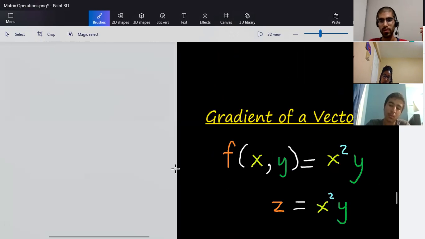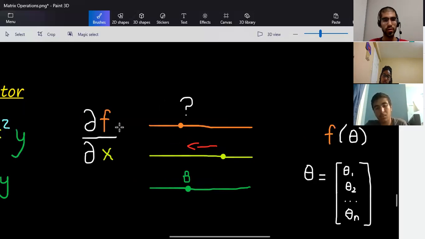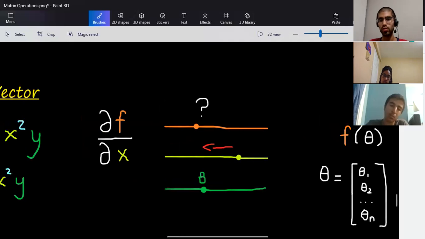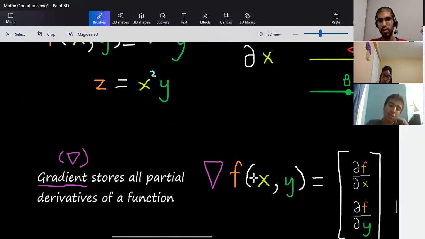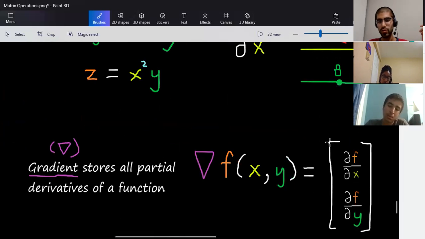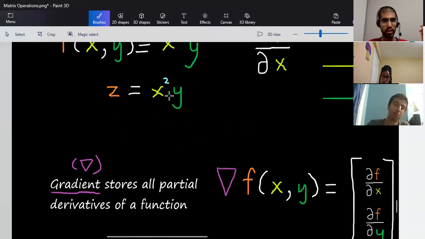In other words, if you have f of theta, and theta is all of these individual variables, it's going to store the partial derivatives of f with respect to all of these variables. Here's an example. Nabla f of x and y returns a vector that is partial f by partial x, that's the first variable, and partial f by partial y, that's the second variable.